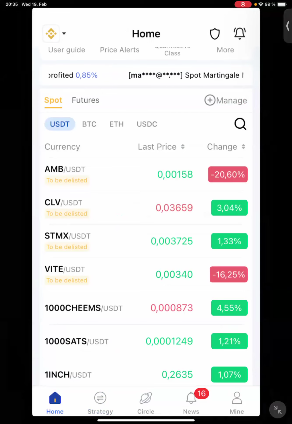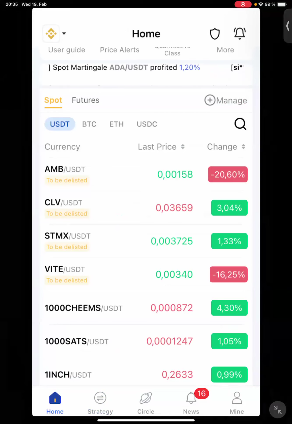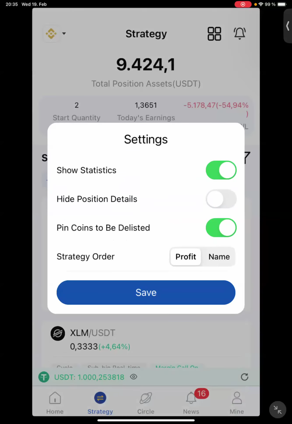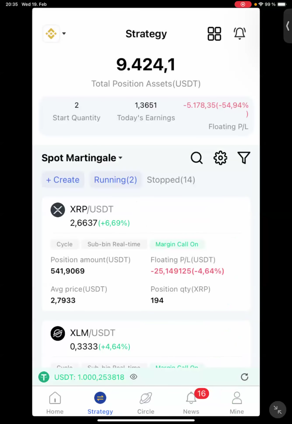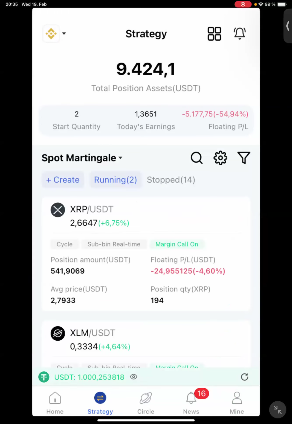So they'll pick, for instance, A and B, but it's going to be delisted. If you pick such a coin and you are not lucky for it to go up to sell, you lose. So just make sure you turn on this button so that you'll be able to see coins that are being delisted, so you don't pick them mistakenly.